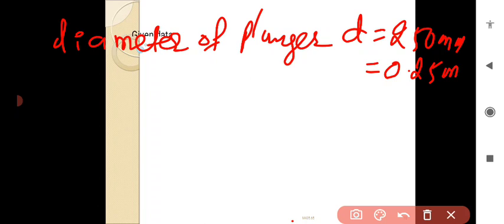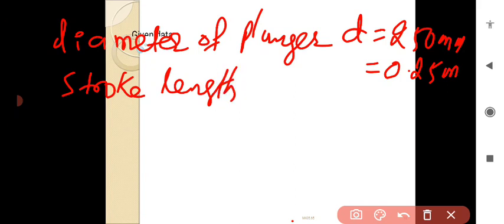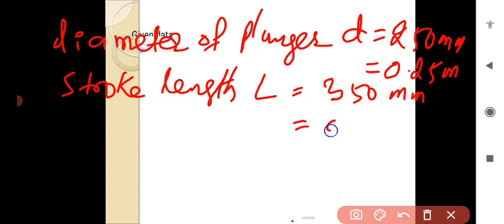Stroke length L is equal to 350 mm, that is equal to 0.35 meter.